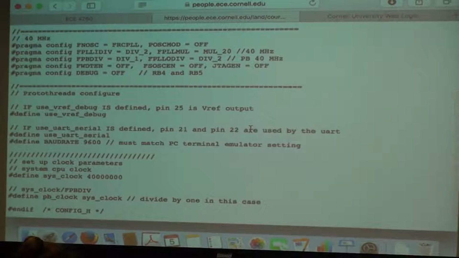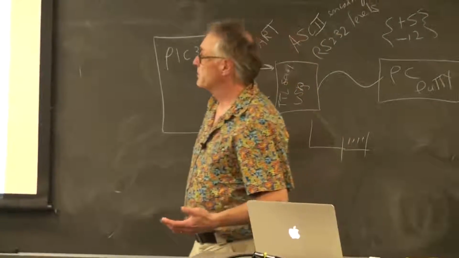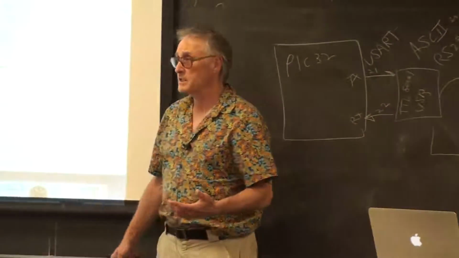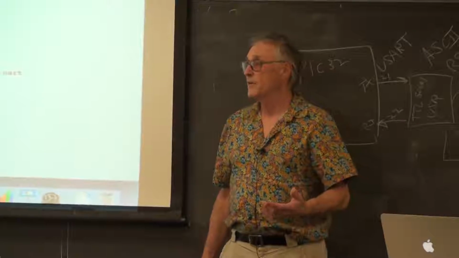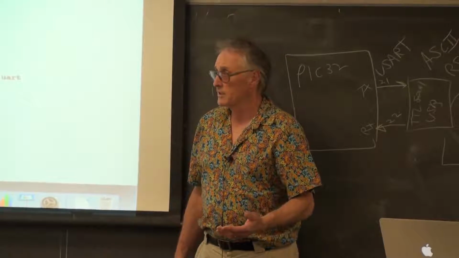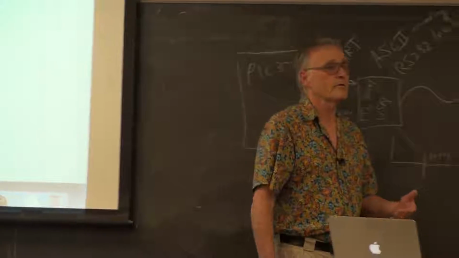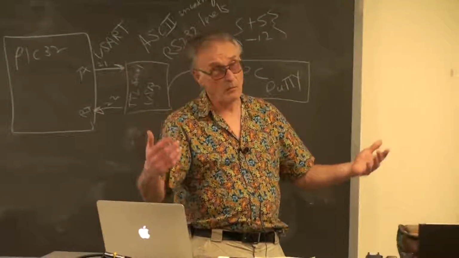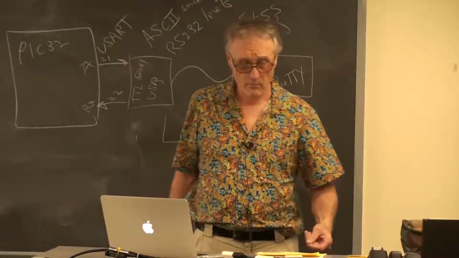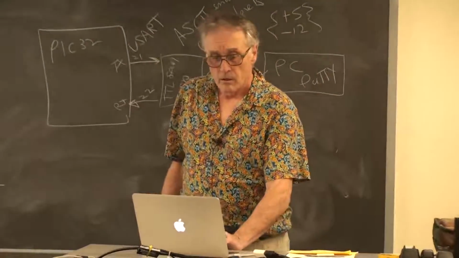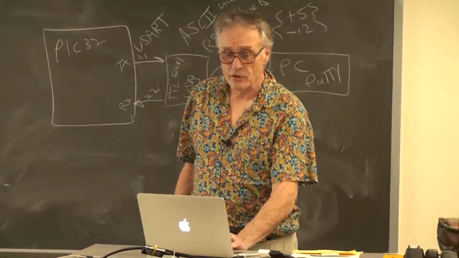9,600 bits per second is about 960 characters a second. If you find that too sluggish, too slow for your fast reading ability, speed it up. But you do have to have them match.